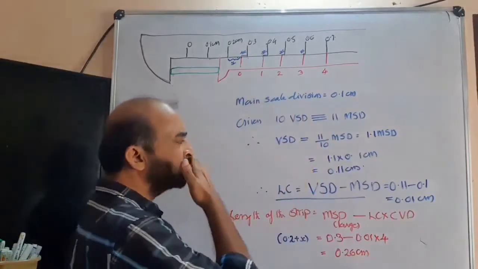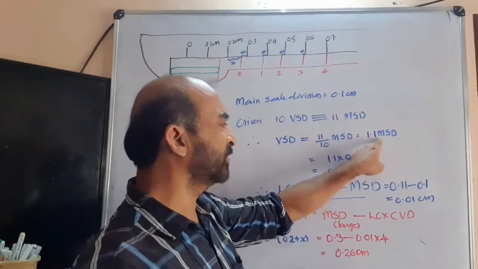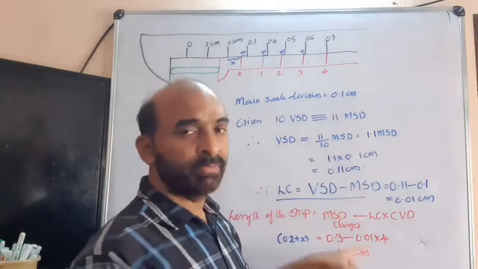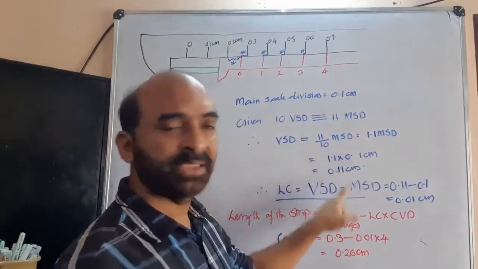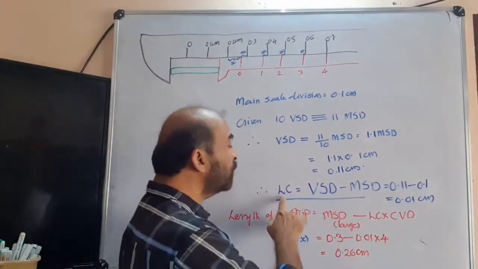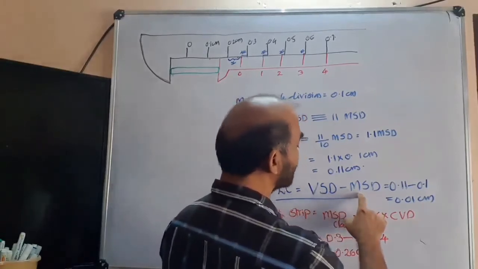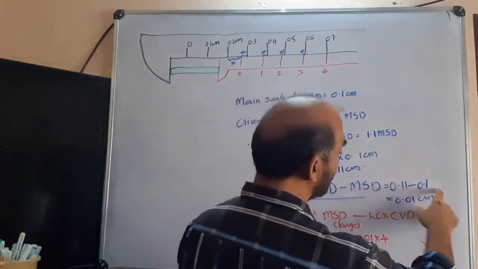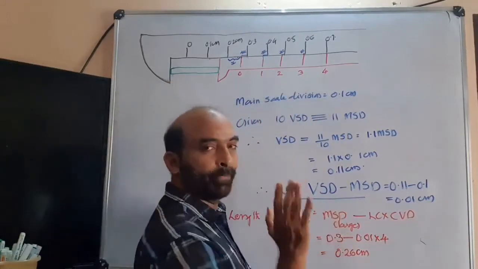So 1 vernier scale division is 11 by 10 main scale division, equal to 1.1 main scale division. 1 main scale division being 0.1, we have 1.1 into 0.1, equal to 0.11 centimeter. So least count is equal to vernier scale division minus main scale division, equal to 0.11 minus 0.1, equal to 0.01 centimeter.